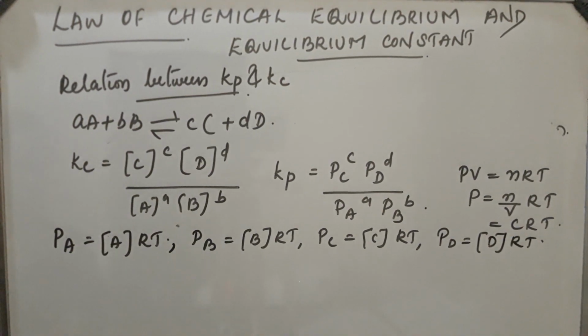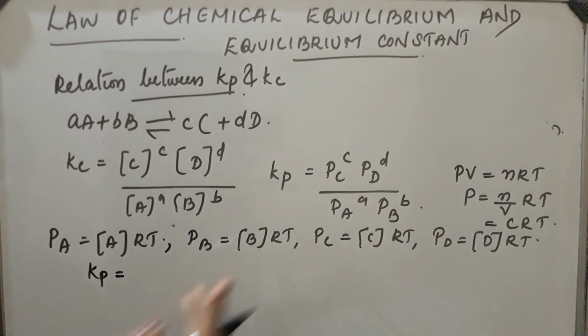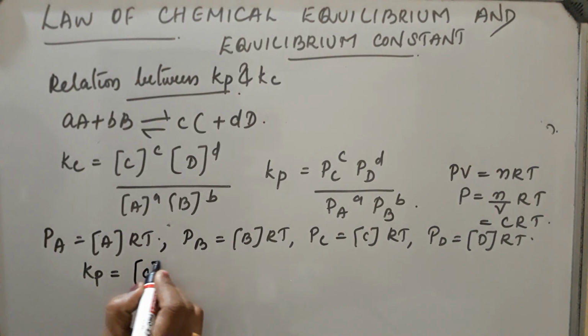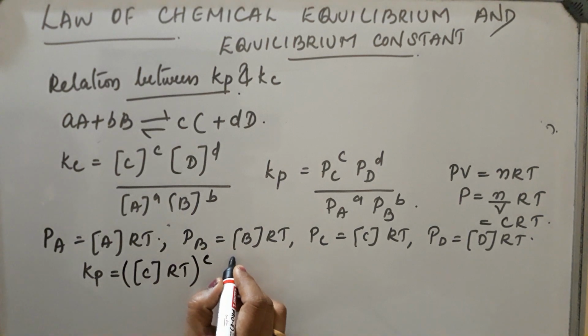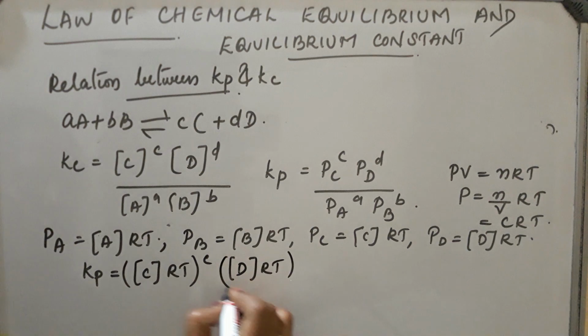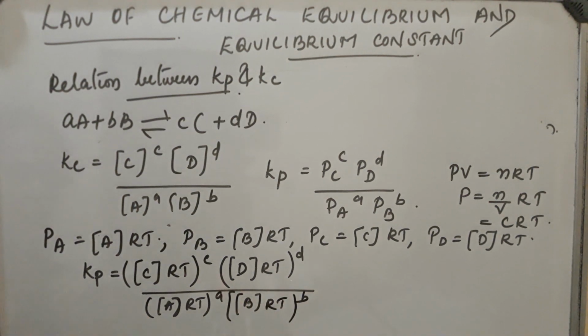Now, what happens? Kp will be equal to Pc raised to c. So what can we write? The concentration of C into RT raised to c, then the concentration of D into RT raised to d, divided by the concentration of A into RT raised to a and the concentration of B into RT raised to b.